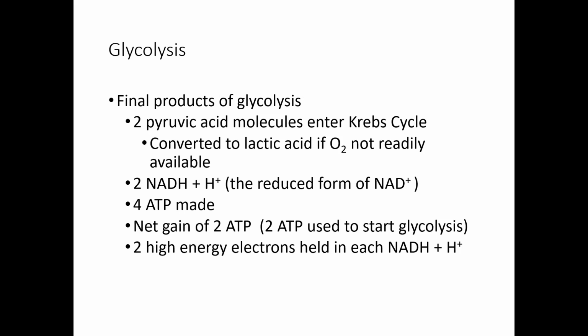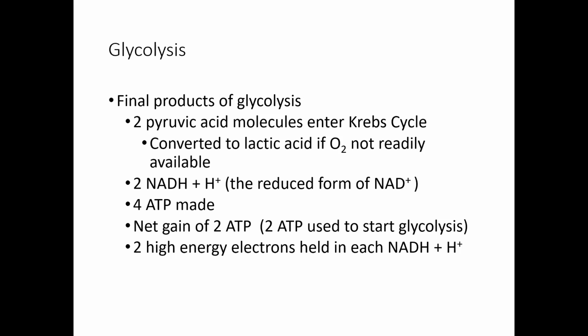So that's why it's important to understand what happens in an individual. So this slide right here is a very good source of information. Glycolysis takes glucose and breaks it down to 2 pyruvic acid molecules that will go into the Krebs cycle.